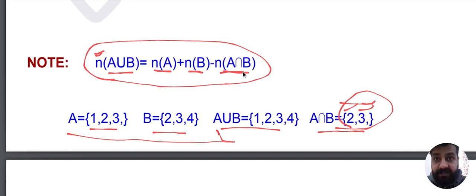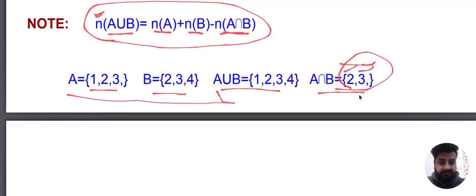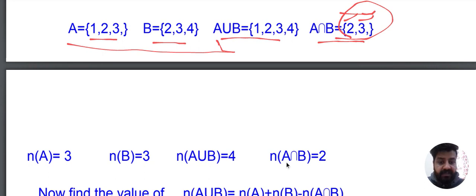We will see the practical application in the upcoming question I will give you, and I already gave it in our Telegram group. Now you can see there are two elements in A intersection B, so I write down n(A intersection B) equal to 2. In A union B there are 4 elements, so I write down 4.